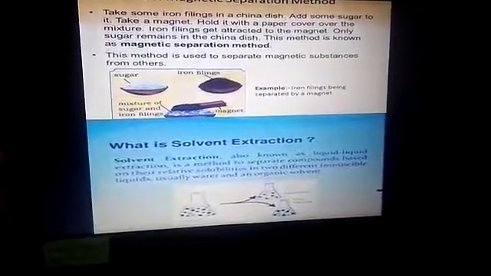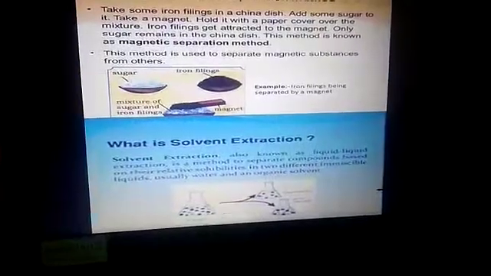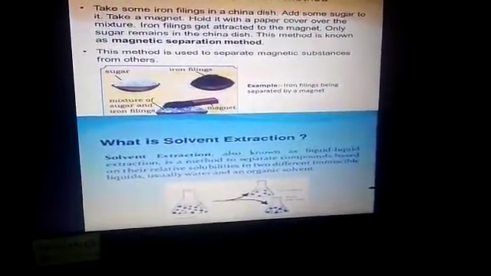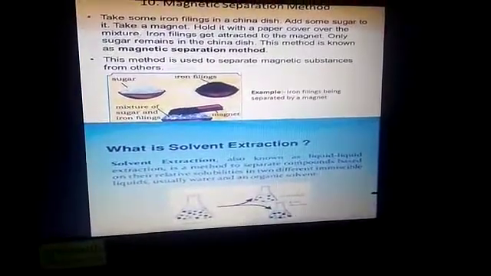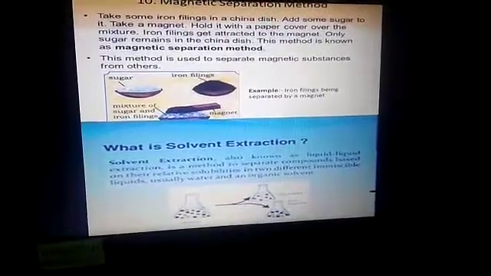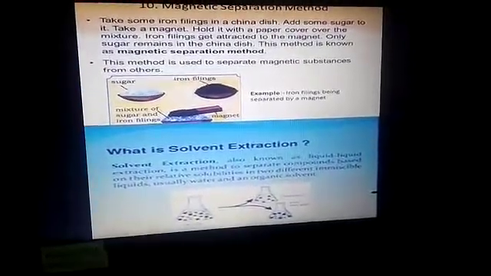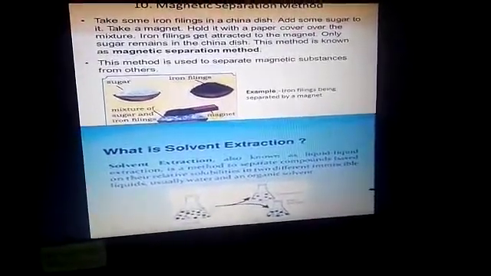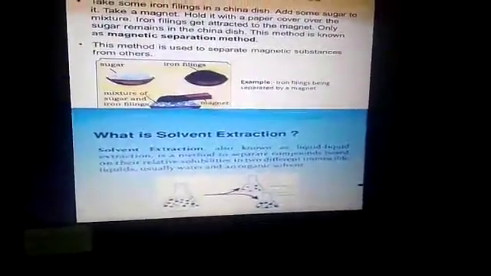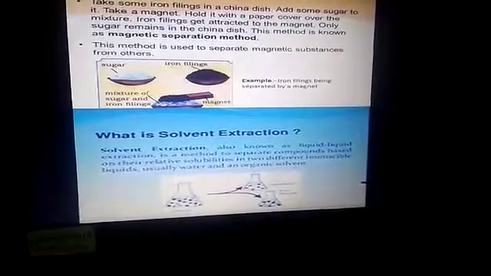Only sugar remains in the china dish because sugar does not have a magnetic property. This is known as the magnetic separation method, used to separate magnetic substances from others. You can see in the picture sugar with iron filings.